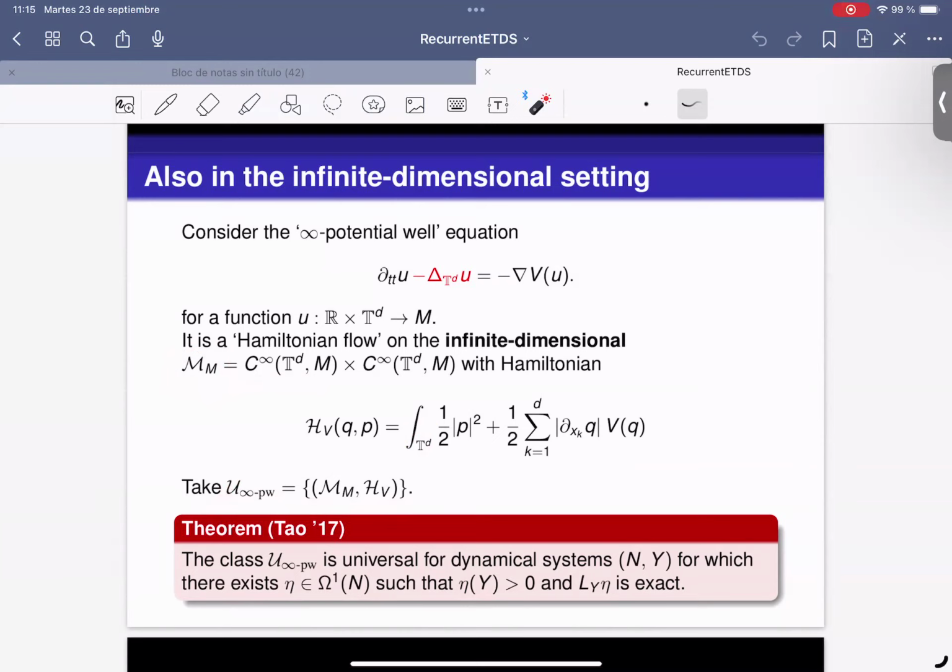And it turns out that Tao also proved that this class is universal for exactly the same type of dynamical systems: C^∞ smooth vector fields with this positivity property, that there exists a one form that is positive on the vector field, and the Lie derivative is exact.